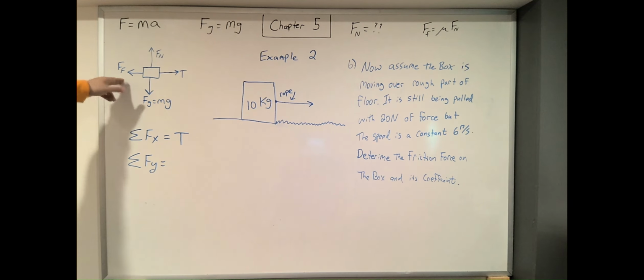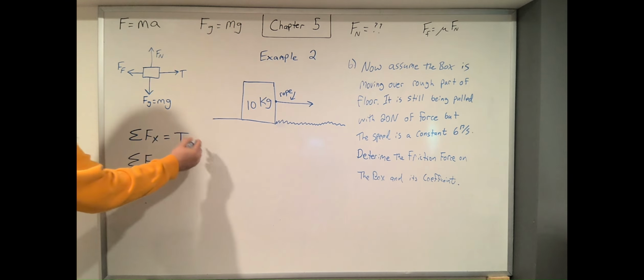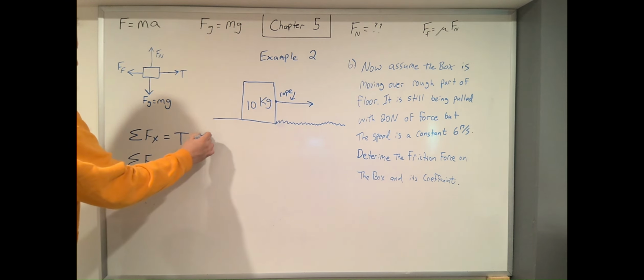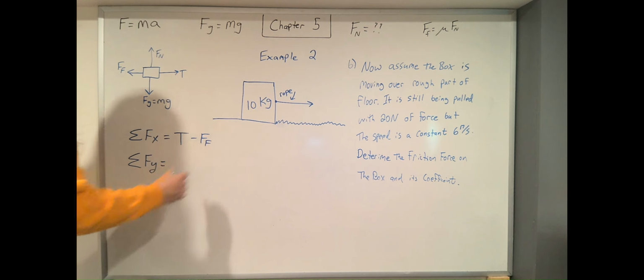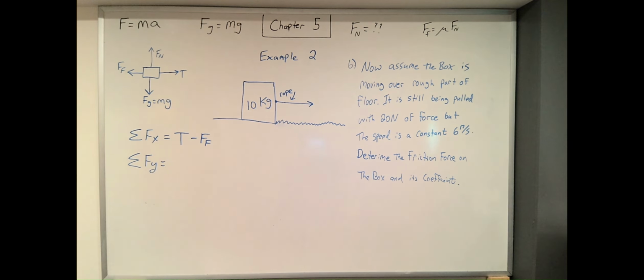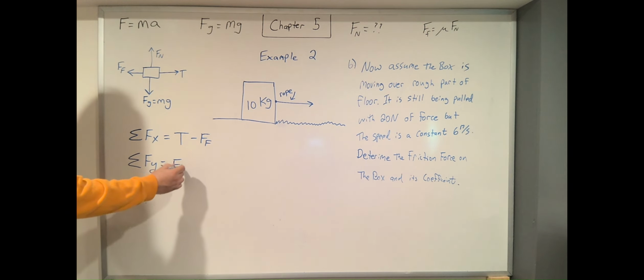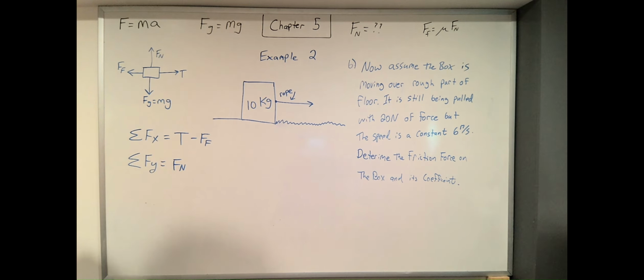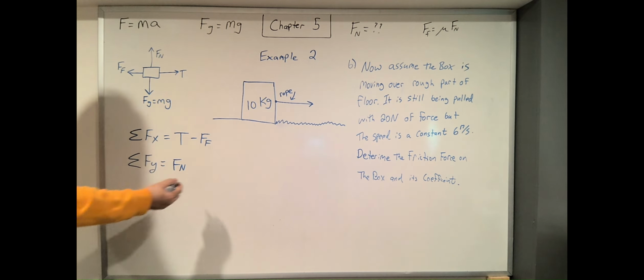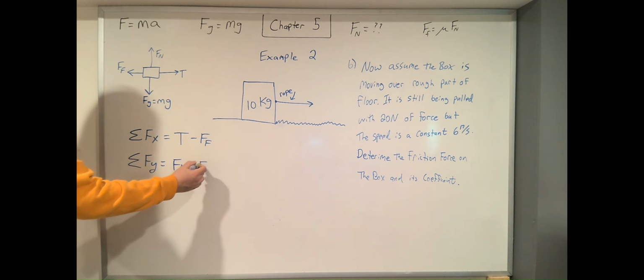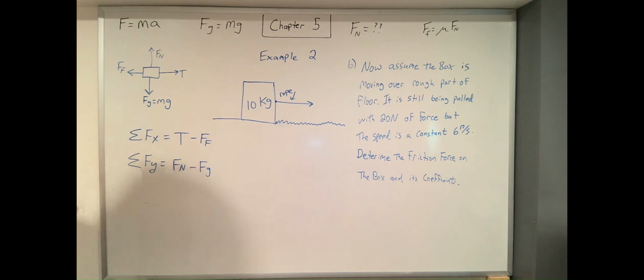I see the friction force, that's pointing backward, so it's in the negative direction. So I'm going to add that one in as minus the friction force. Okay. And that takes care of the two forces in that direction. Now for the Y direction, I have the normal force, which is pointing up, so that will be my positive. Okay, positive normal force. And then I have Fg pointing down, so I'll go minus the force of gravity.